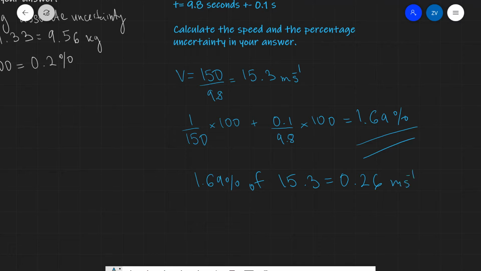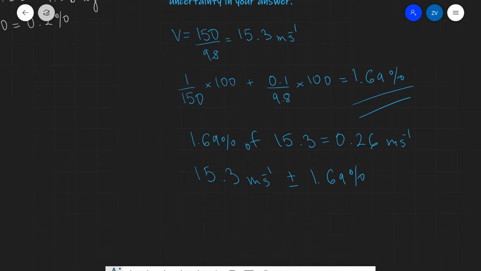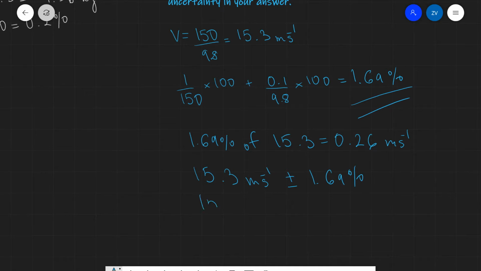So a way of writing our final answer out will be 15.3 meters per second plus or minus 1.69%. And yet another way would be 15.3 plus or minus 0.26 meters per second.